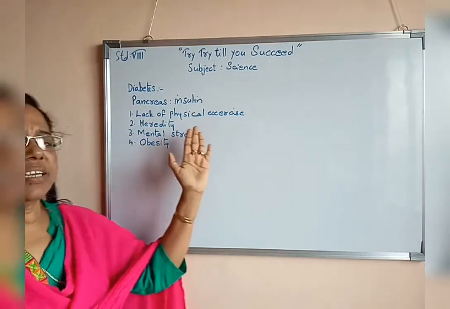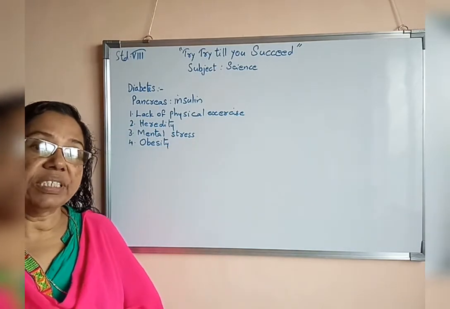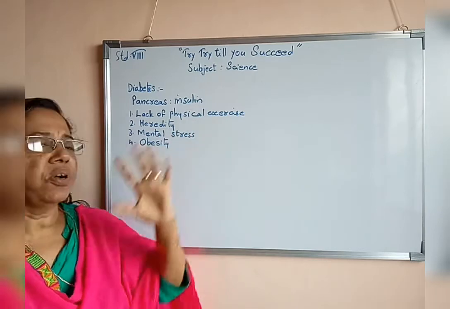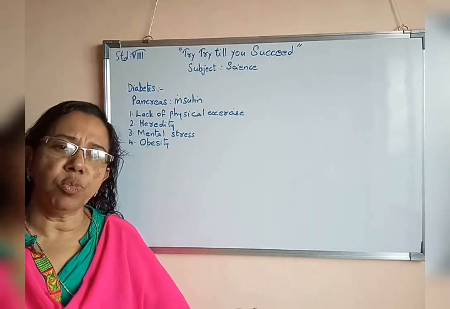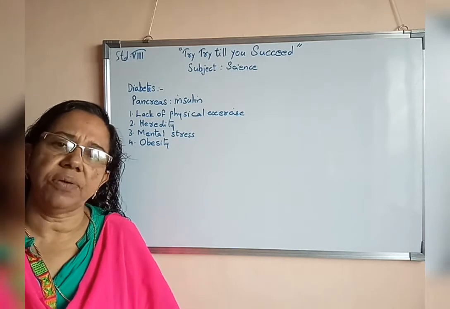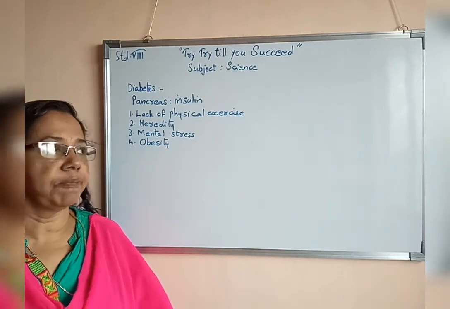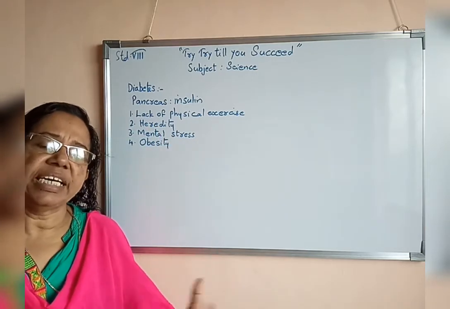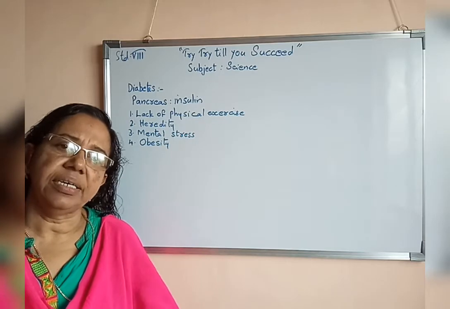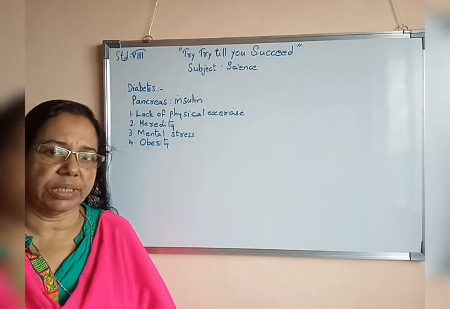Now, what are the reasons for getting diabetes? First reason, lack of physical exercise. If our body has no movement, if we are not doing any kind of exercise, there is a possibility of getting diabetes. Second reason, heredity. If our parents as well as grandparents have diabetes, there is a possibility of getting diabetes to us.